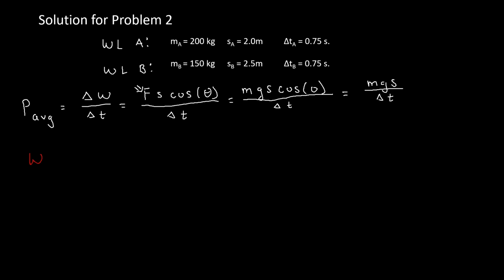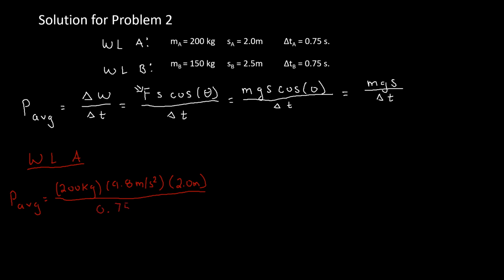So weightlifter A exerted an average power that is equal to 200 kilograms times the gravity, which is 9.8 meters per second squared, times the displacement, which was 2 meters, all divided by 0.75 seconds. And this equals 5,226.66 watts.